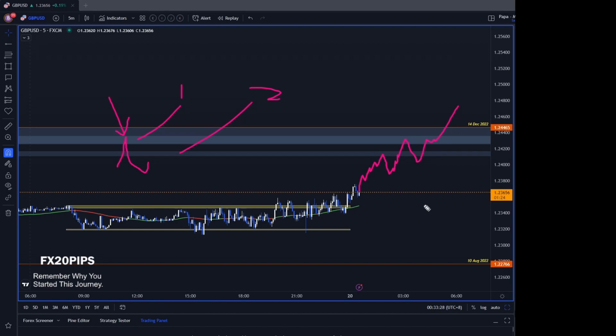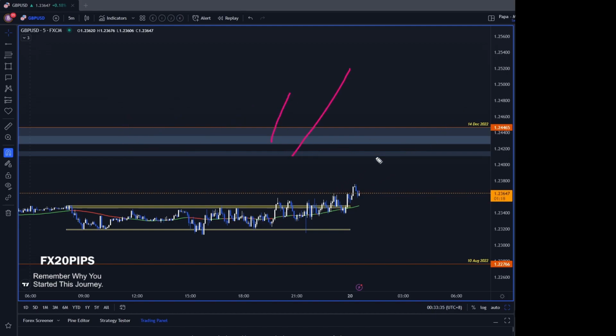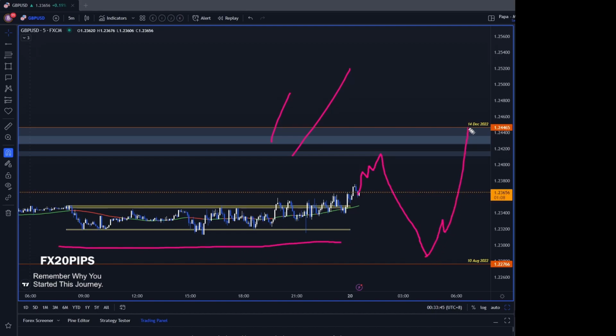That's one of the possible scenarios. The other one: this is one, this is two. Price might just come back here and then drop again, drop back here, take out the liquidity here, and then start up again.